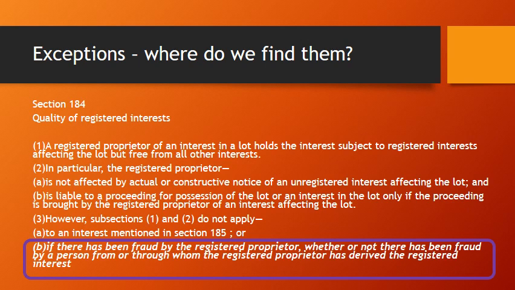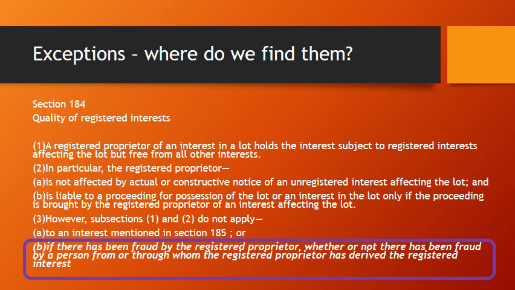So the fraud exception sits in section 184(3)(b) of the Land Title Act, if there has been fraud by the registered proprietor, whether or not there's been fraud through an agent. Essentially that's where the fraud exception sits in the legislation, and there's a bunch of cases that sit behind that. And the other exceptions are found in section 185. So just to recap, the exceptions are found in both section 185 and 184(3)(b), which is the fraud exception.